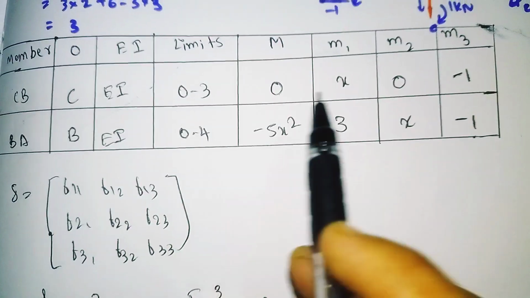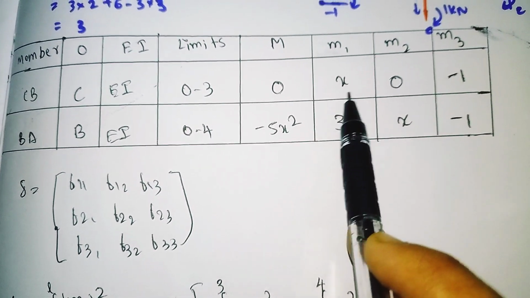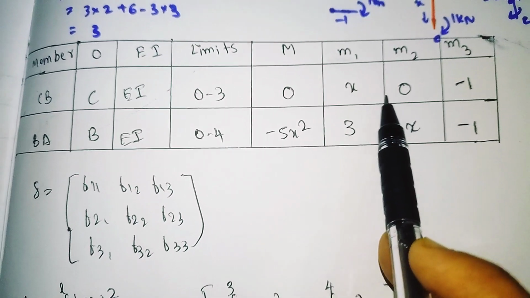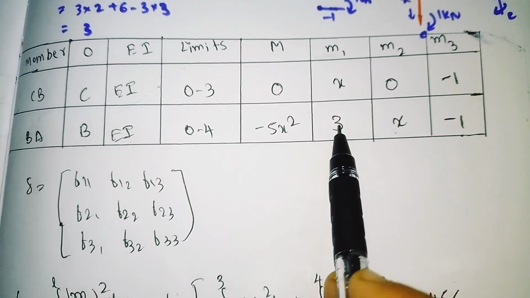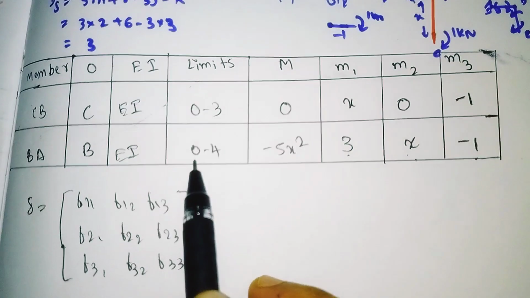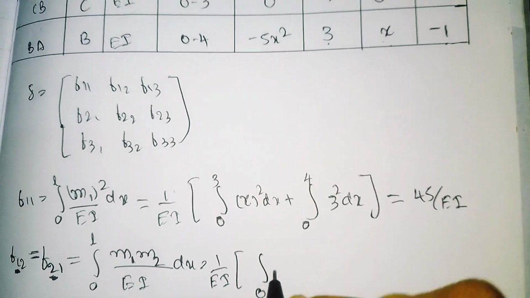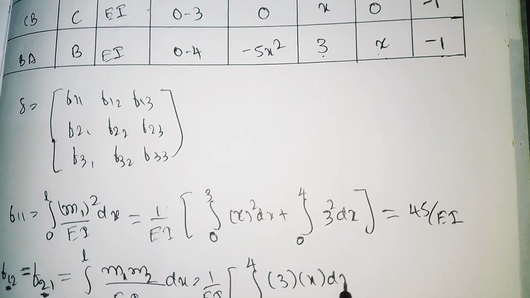For CB, m1 is x, we need to multiply this into this. So here 0 is there, so 0 into anything becomes 0, so I am not taking it. For BA we have the value 3 into x, this into this, and limit we have 0 to 4. So 0 to 4 into 3 into x dx.